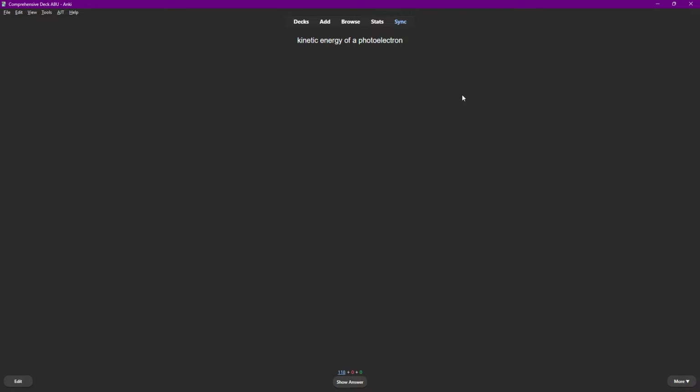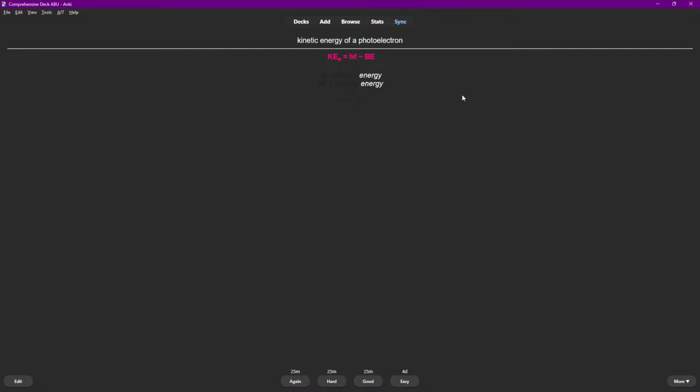So energy is equal to H times F. It is. Okay. Minus binding energy. So remember the binding energy. Put that as hard, sure.